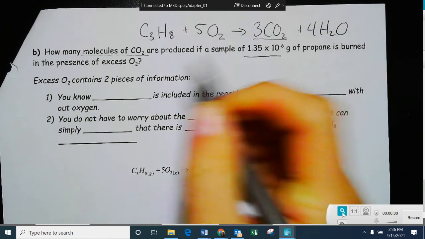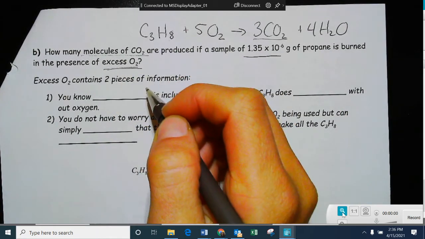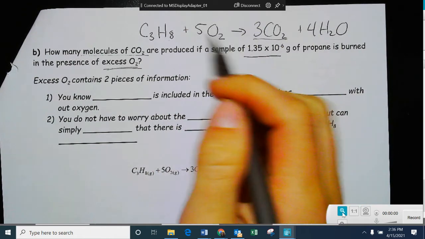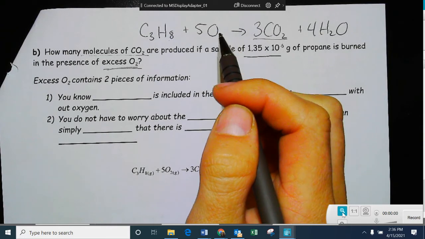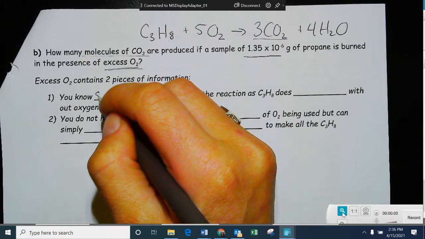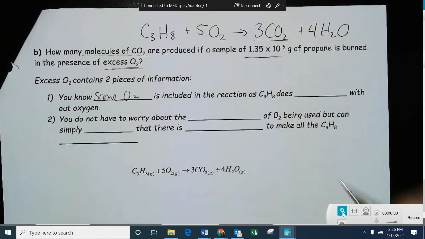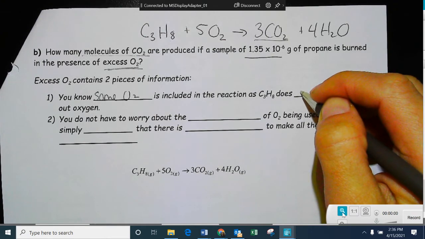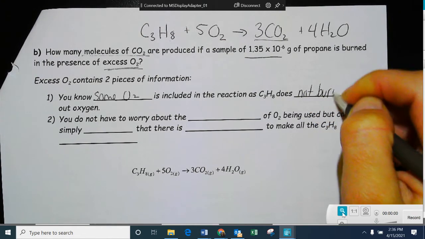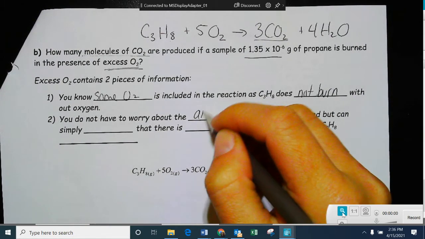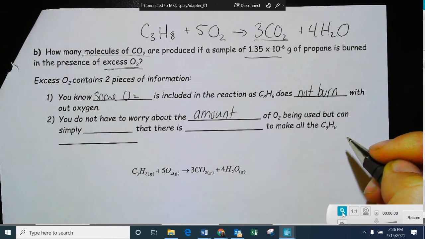Okay. So how many molecules of carbon dioxide are produced if this many grams of propane is burned in the presence of excess O2? So that means that we've got more oxygen than we need. So there's tons of oxygen. What that is telling us is we know that some O2 is going to be included in the reaction, and C3H8 does not burn without oxygen. So basically, it's telling us that we don't need to worry about the amount of oxygen being used.